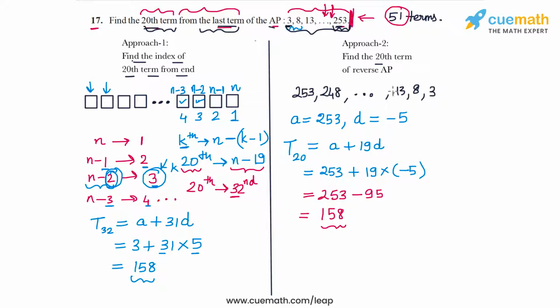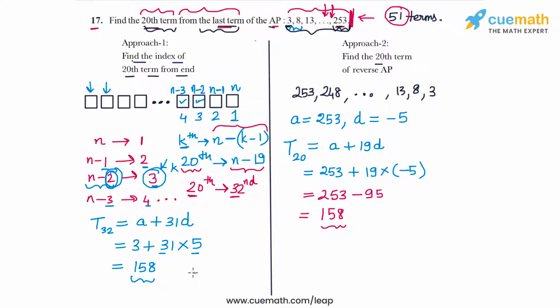And personally, I prefer the second approach because that is quite clean, and there is less chance of making a mistake. In the first approach, I have often seen many students make this mistake of taking the index incorrectly. Instead of taking the index as n minus k minus 1, they take the index as n minus k.